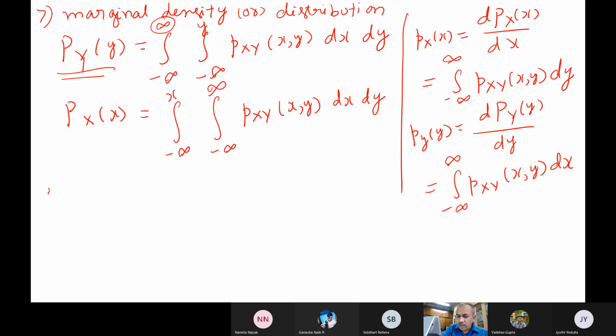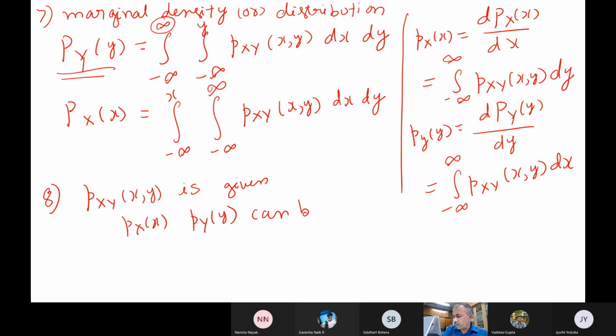Now, the most important thing: if p_XY is given to you, you can obtain the densities p_X(x) and p_Y(y). But suppose I have only the one-dimensional densities, the individual density functions.